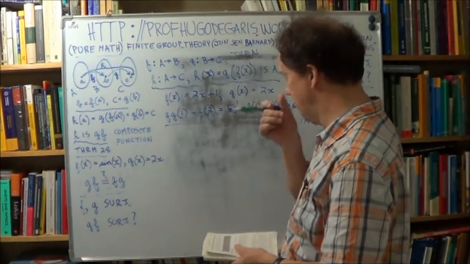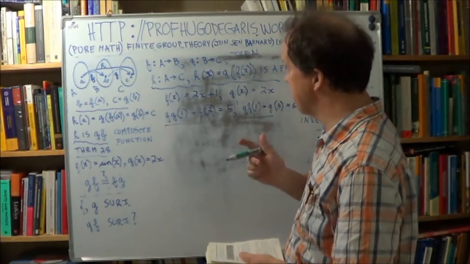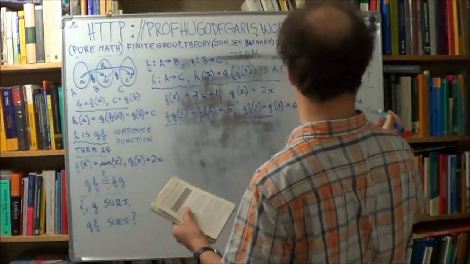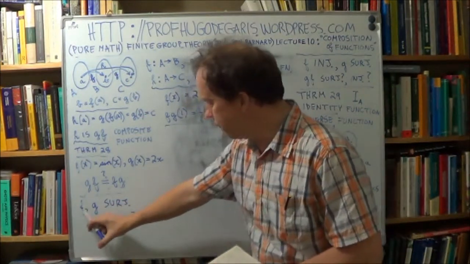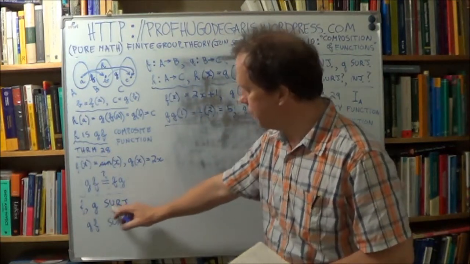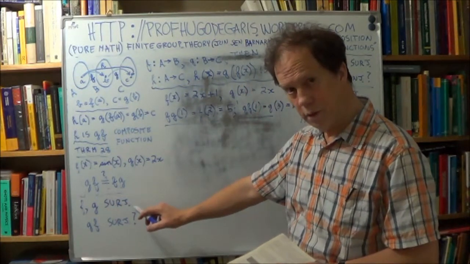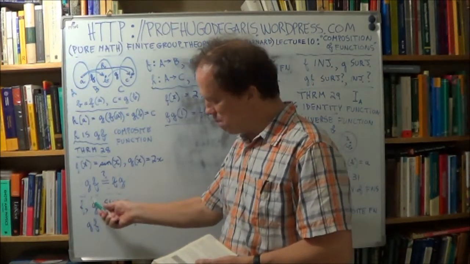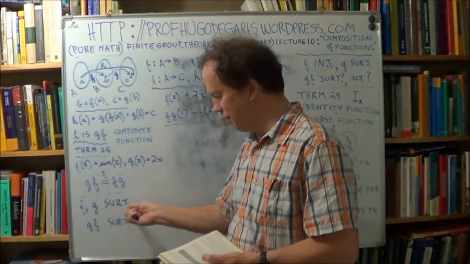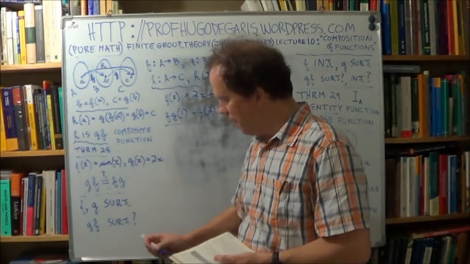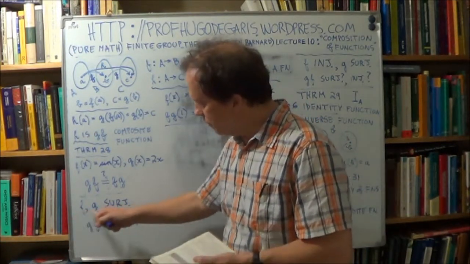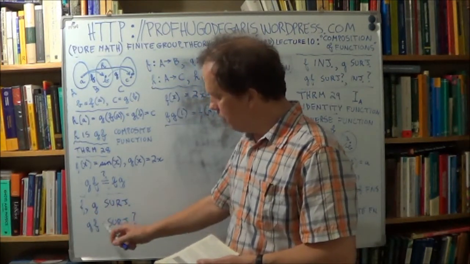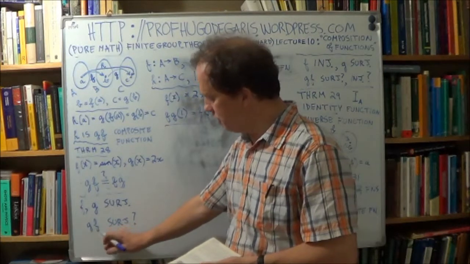So here's an example. If f and g are both surjective, I hope you've done your homework and you're quite familiar with what surjective means. If f and g individually, separately are surjective, what about the composite function gf?